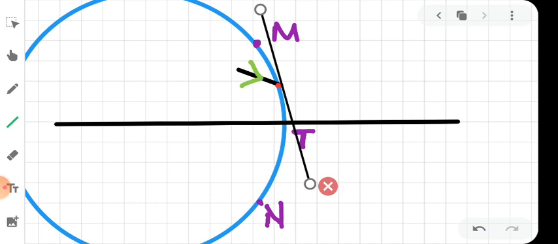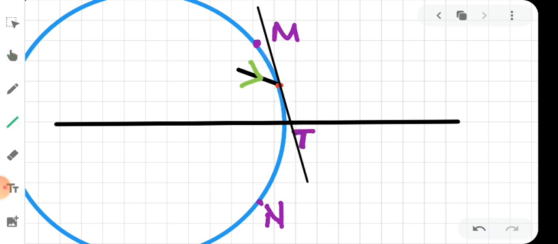Now what was next? Let me just adjust it. The next case is, as you can see, we have this incident ray at the point of incidence and the tangential interface. The interface is now the tangent where we can apply the law of refraction.